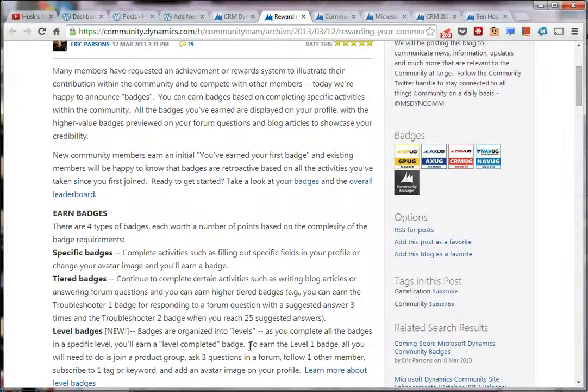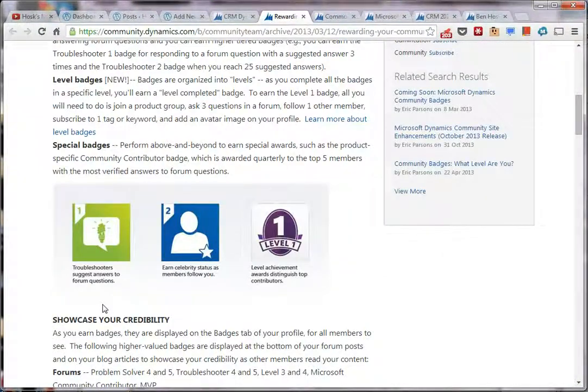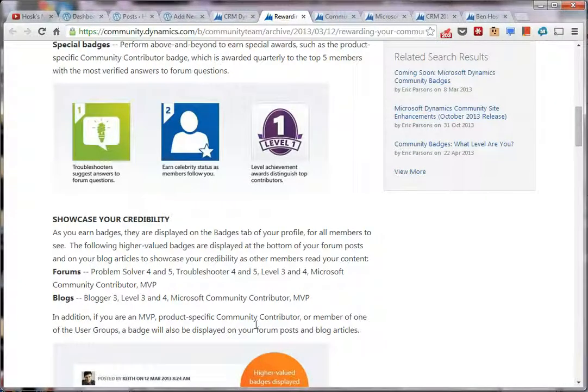There are lots of badges, and there are different levels as well. You get badge 1, 2, 3, and there are indeed special badges, where you get a badge for being on the system for 2 years or something.